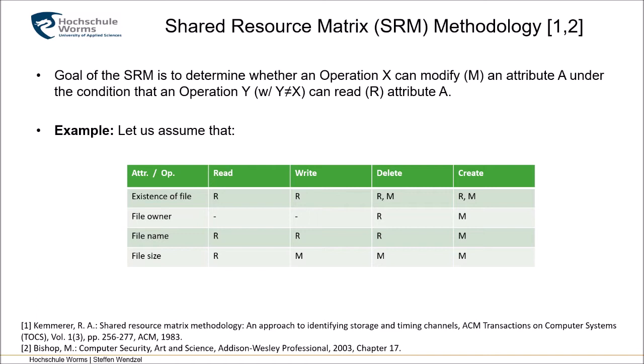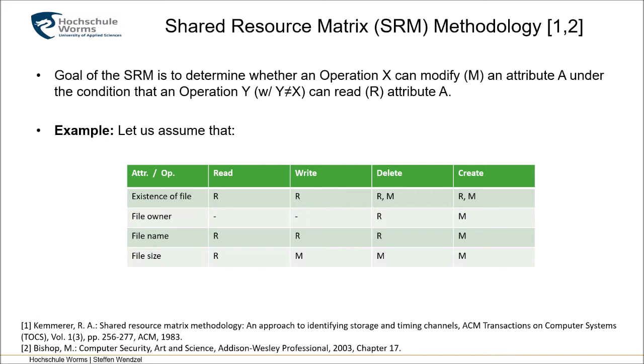So an example can be seen below. I have a table here. We have different operations: read, write, delete, and create. And let's assume it's something related to the file system here. We have file existence, file owner, file name, file size.